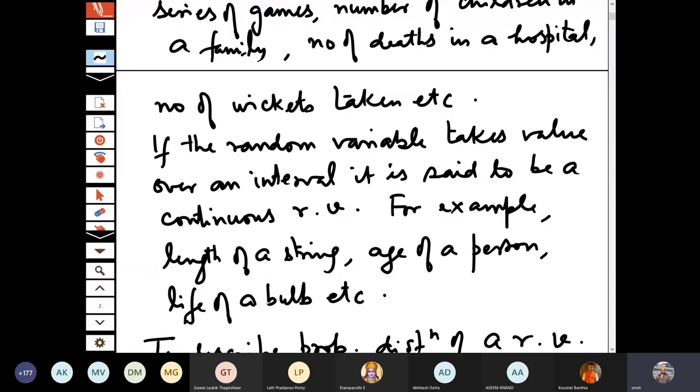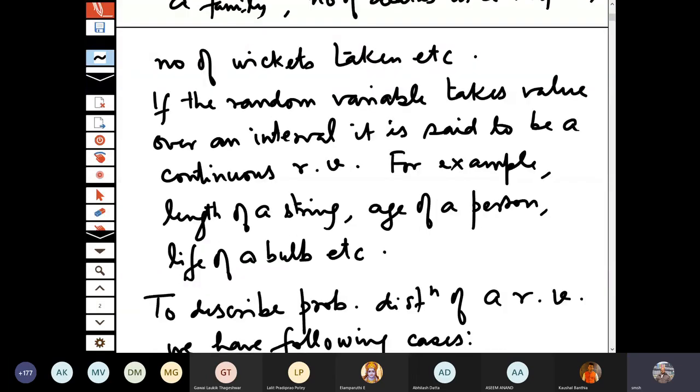Now there is another case where the random variable can take values over an interval. If I am considering, say, length of something, age of a person, the life of a bulb, these things are measured over an interval. For example, if I say length, you can say it is 10 centimeters, then somebody more accurate will say 10.3 centimeters, then somebody more accurate will say 10.32 and so on.